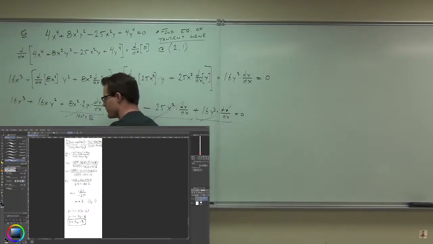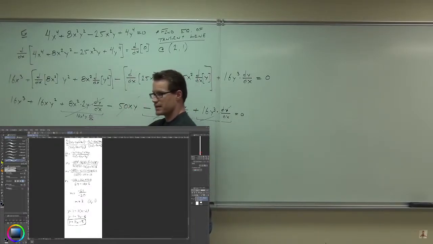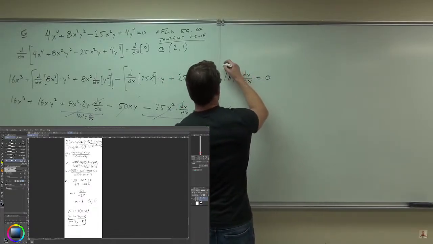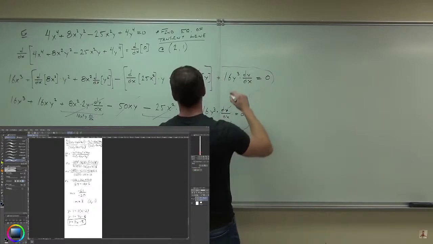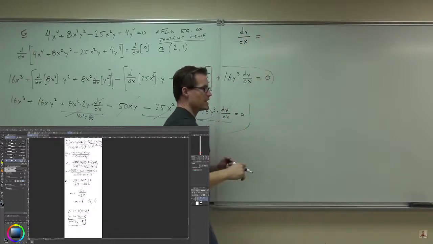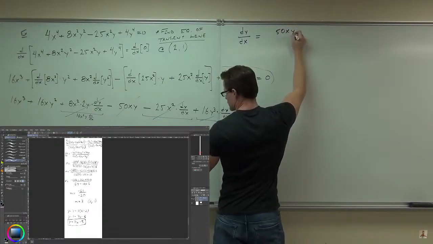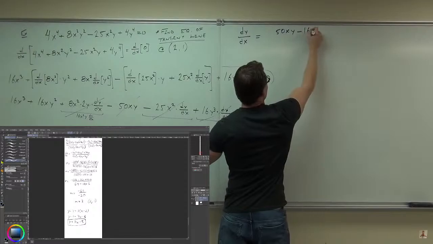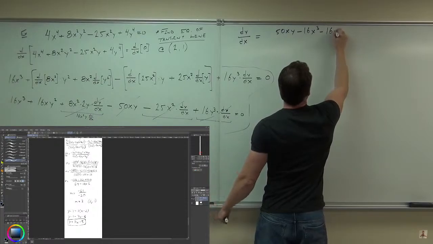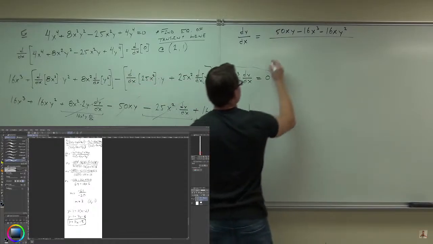How do you get rid of an enormous factor being multiplied by something? Divide. You can divide by this entire expression right here. That entire factor is going to go under this expression on the right-hand side. Do not mess that up. So dy dx is this thing all over that thing.